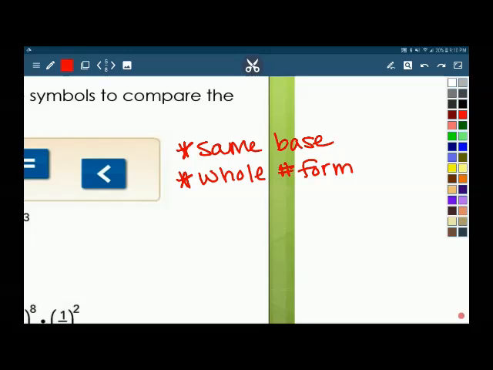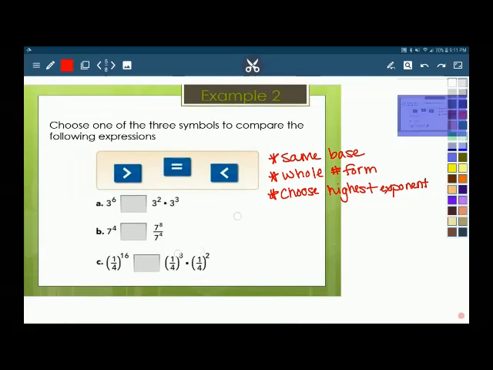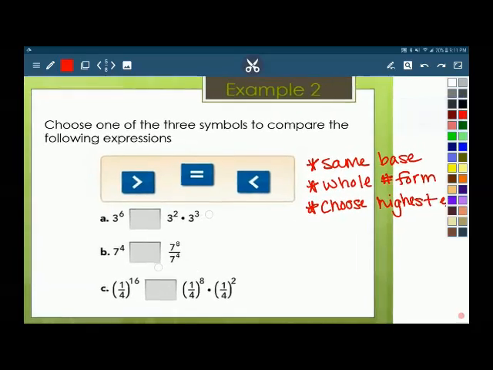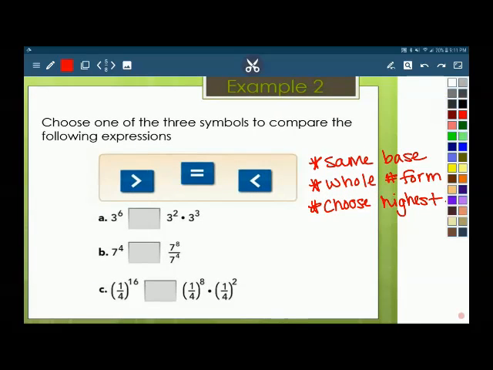So try to change them into whole numbers, even if that means you need to make the exponent negative. And then you're basically going to just choose the highest exponent. Because whichever statement has the largest exponent is the larger of the 2 expressions, as long as they have the same base and they are in whole number form.